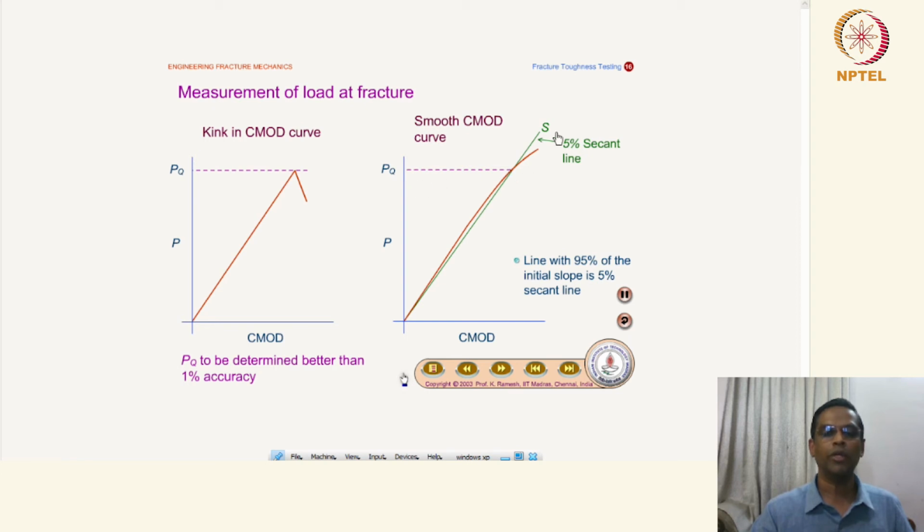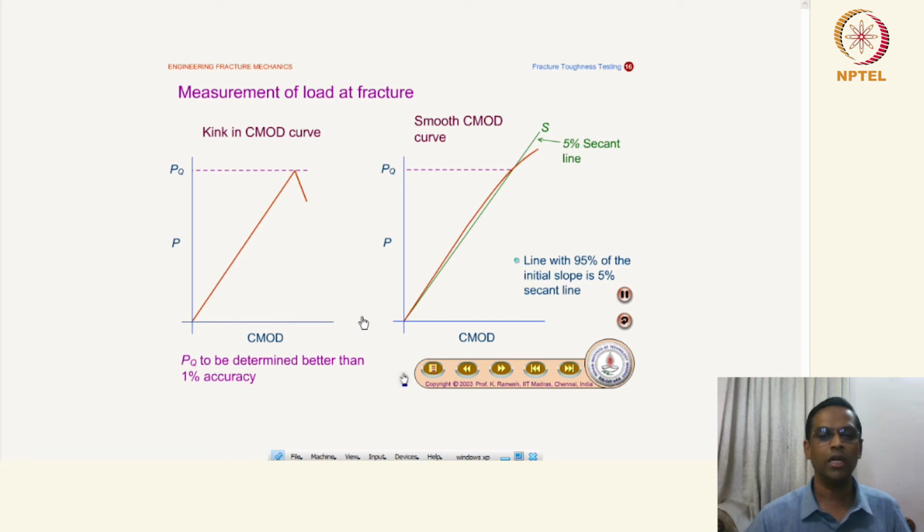The point of PQ is at the 5% secant line, sorry, not tangent line, secant line. The line with 95% of the initial slope is the 5% secant line.